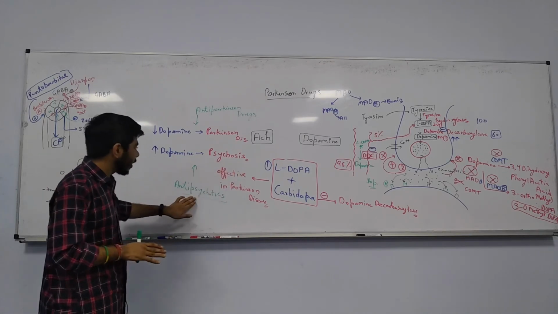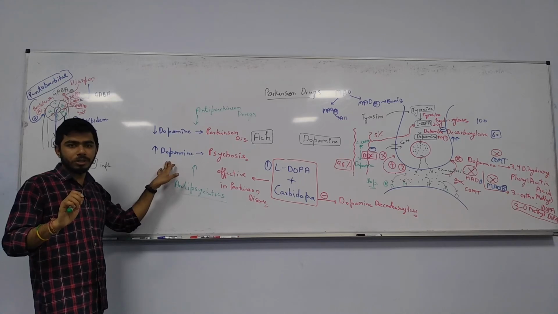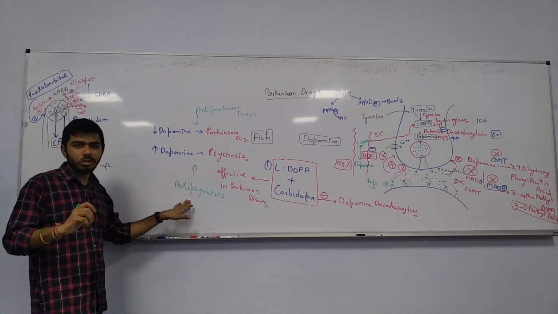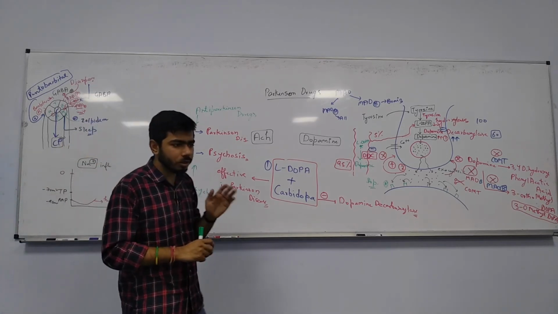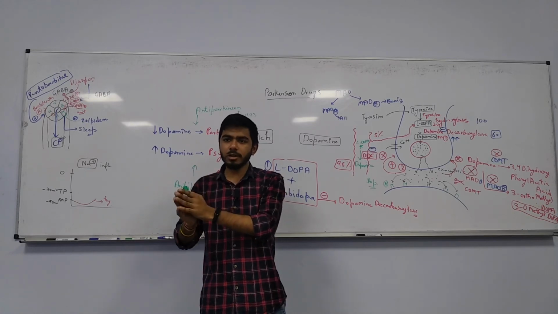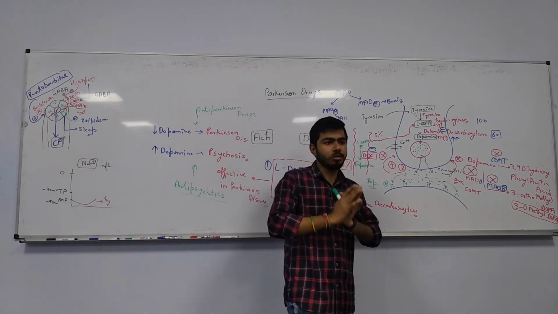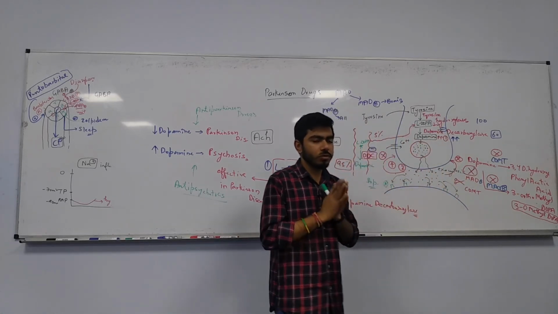Because if you are using antipsychotics, your goal is decreasing the dopamine levels. So if you are using more doses of antipsychotics, you can cause Parkinson. Anti-Parkinson drugs can cause psychosis, and antipsychotic drugs can cause Parkinsonism. Understood?